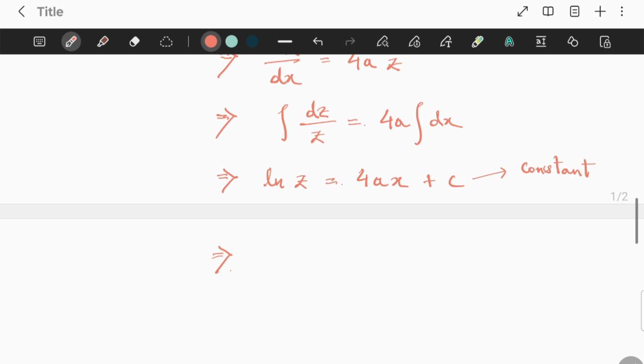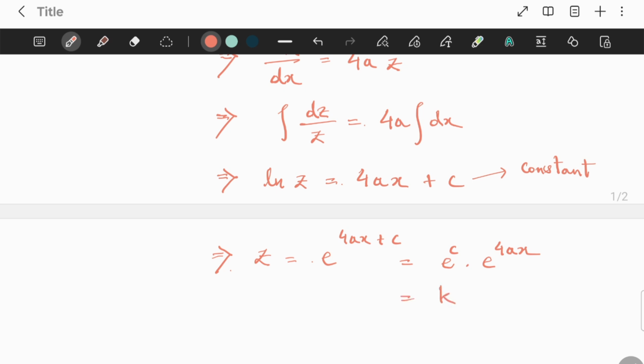Now from here we will get z equals e to the power 4ax plus c, which we can break down to e to the power c into e to the power 4ax.